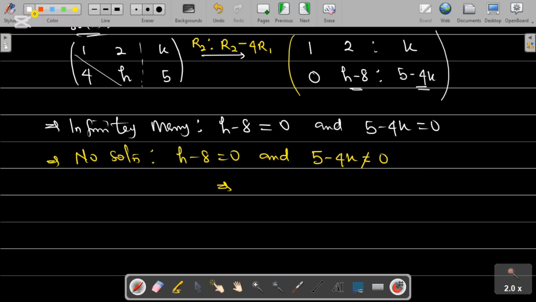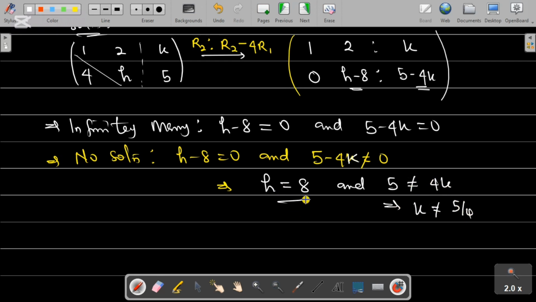So I need to now solve this. For this to happen, my h should be equal to 8, and if I take this to the other side, remember that this thing is k, I will have 5 is not equal to 4k, which means that my k must not be equal to 5 over 4.